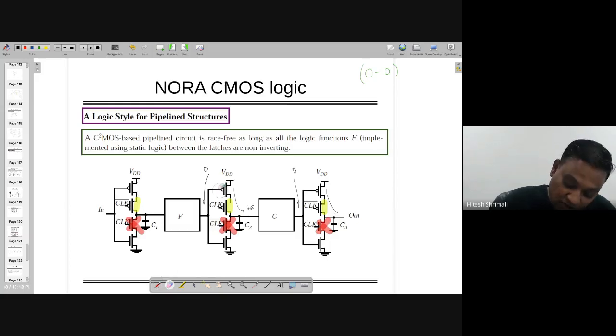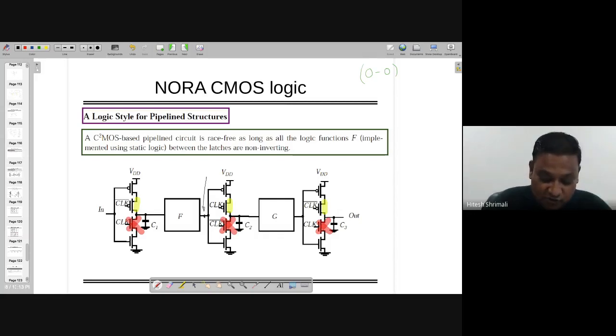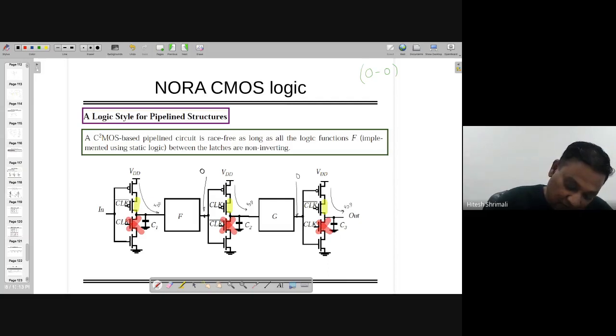So it's all about what value the function is giving at the output, and whether this node is dynamically changing its value from VDD to ground or not, that is going to create a problem. And note that if it is 0, it's a problem because it's going to make a connection directly to VDD over here. So here also it's VDD. It doesn't matter for this one. If this is 0, it's a problem.